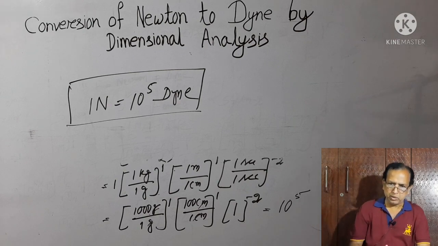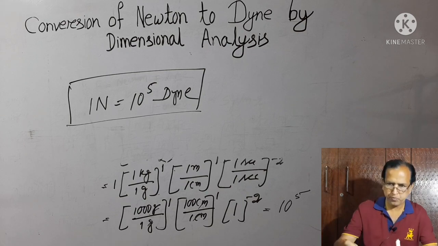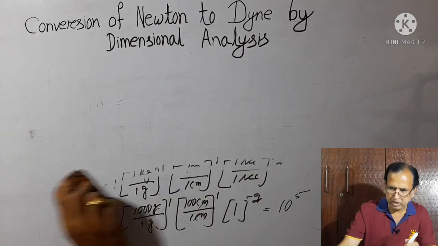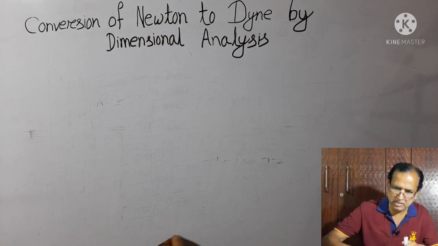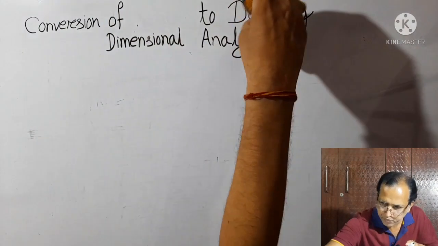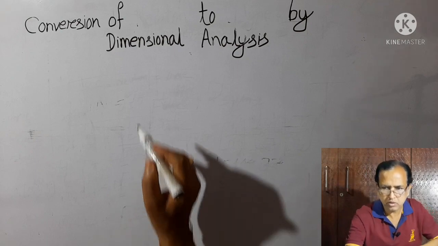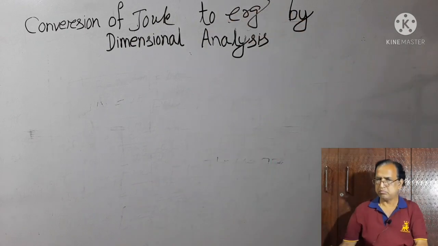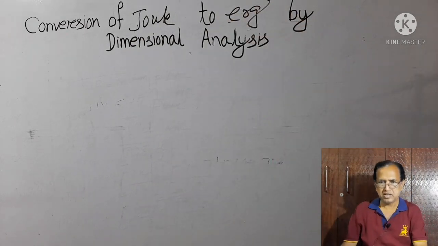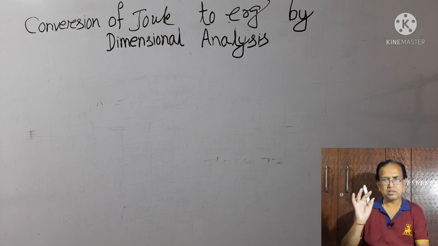Now we convert Joule to erg, conversion of Joule to erg by dimensional analysis. Joule and erg both are the unit of work.